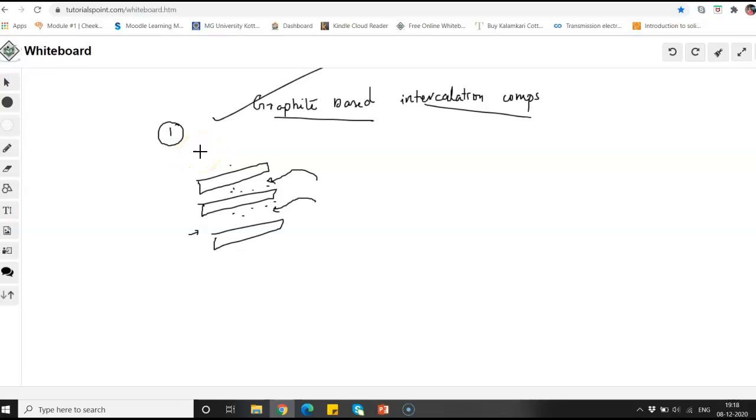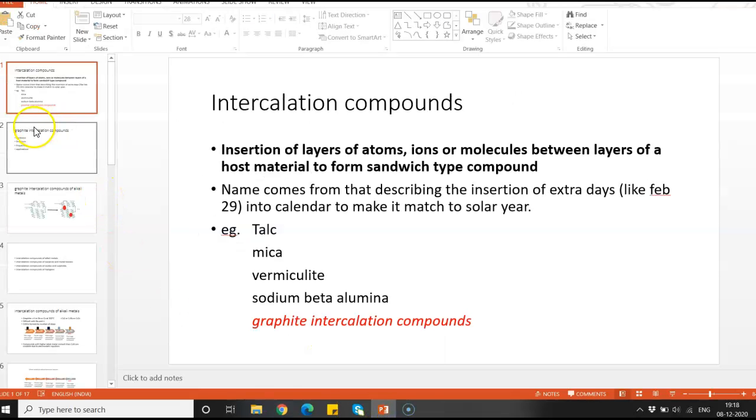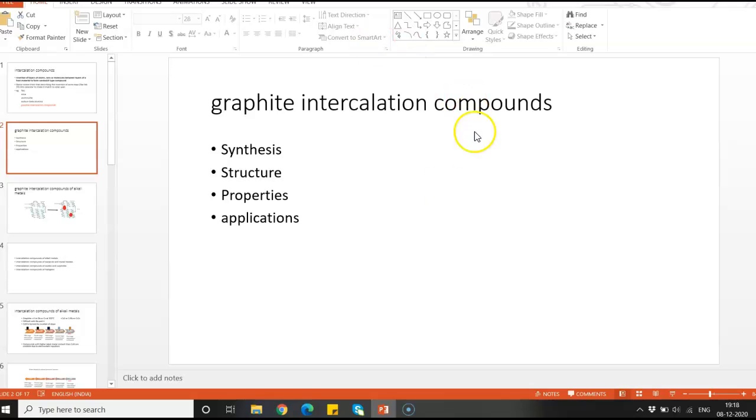There are different kinds of intercalation compounds possible in the case of graphite. You can incorporate various different kinds of compounds. In our discussion, we will be mainly focusing on the synthesis, structure, properties and applications of various graphite intercalation compounds.